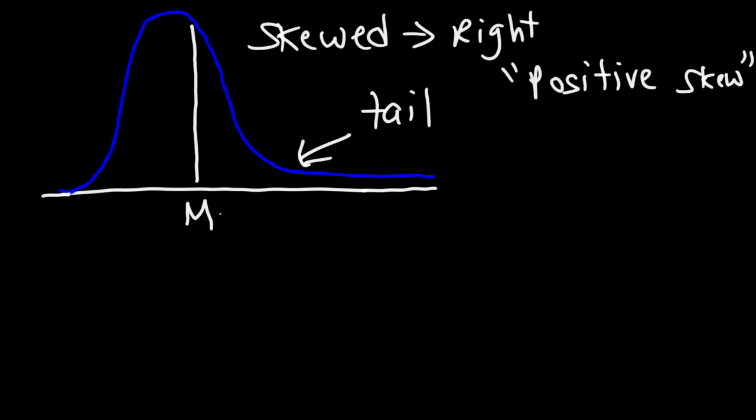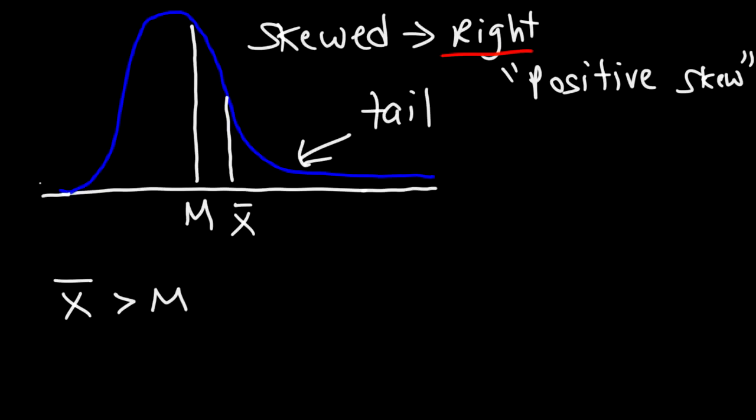Now, where is the mean relative to the median? Because the data is skewed to the right, the mean is going to be to the right of the median. So we can say that the mean is greater than the median. Now what about the mode?